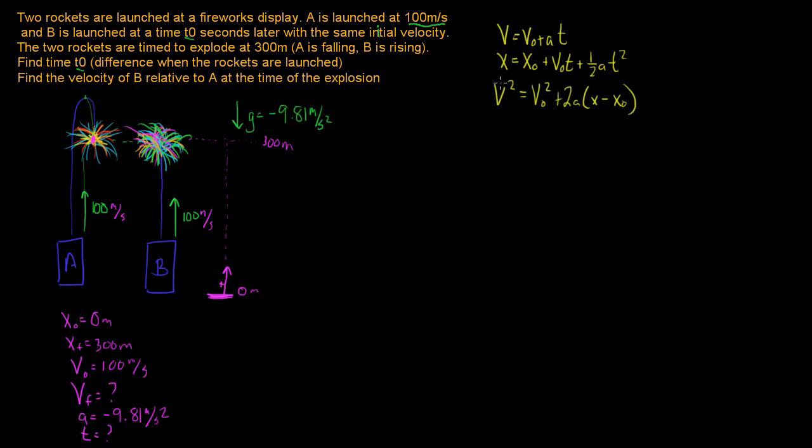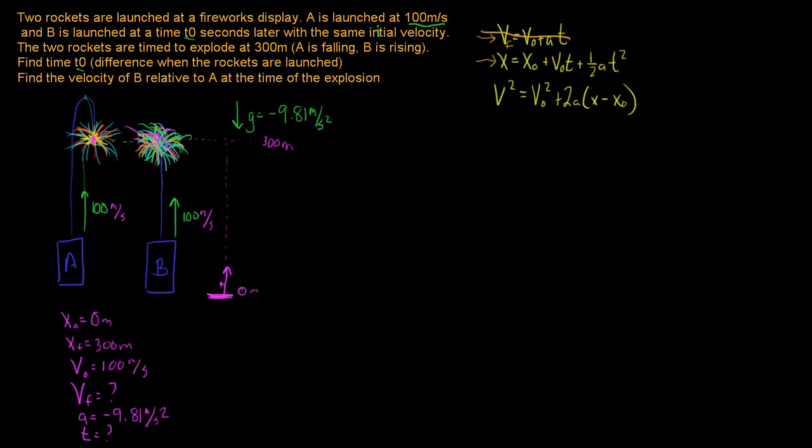We want to figure out which one we are going to use. We don't know the time, so if we want to solve for time, this equation has a time in it, and this does. However, we also don't know our final velocity, and this one requires a final velocity, so this is not a good equation to use for right now.